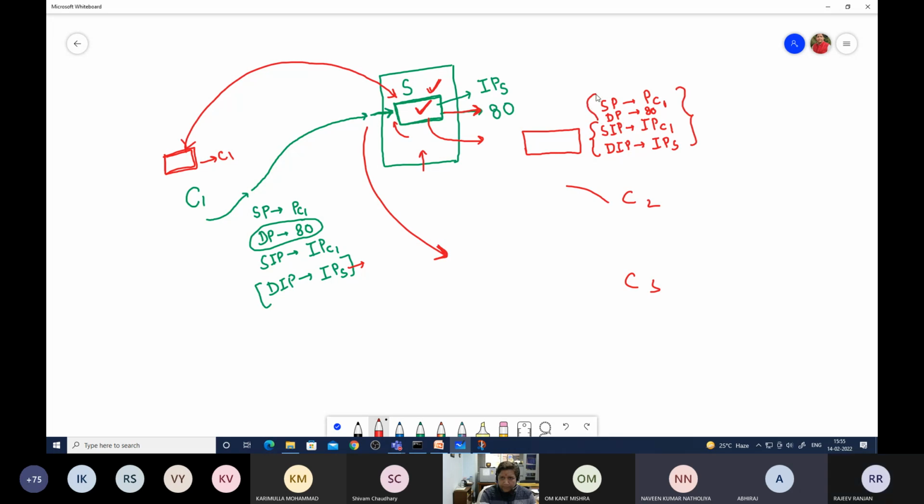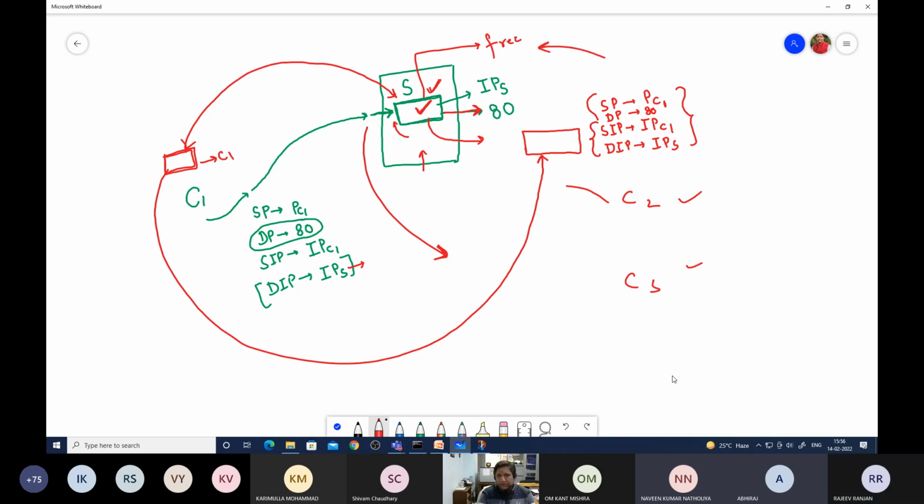This socket will be identified by these 4 tuple. And the C1 socket will be connected to this new socket which has been created. And the original socket is now free to listen to connections from C2, C3 and other clients.